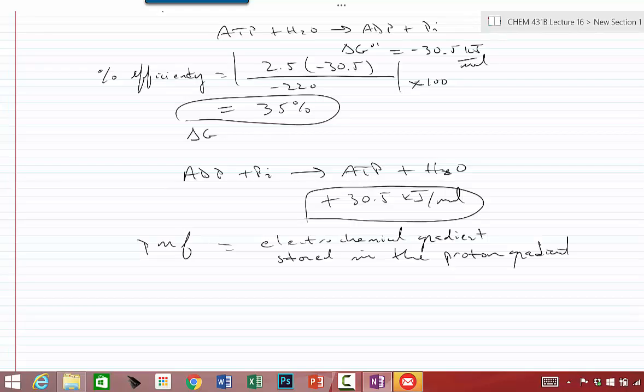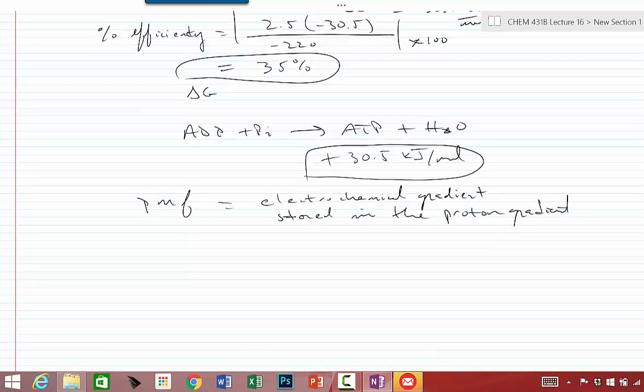Okay, we need two bits of information. We need to know the concentration difference, and we also need to know what's called the membrane potential.